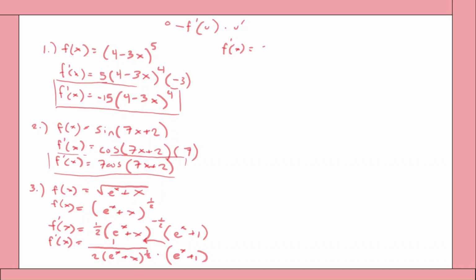And then we know that to the 1/2 power is just the root, so that's going to be the root of e to the x plus x. So the answer to this problem ends up being e to the x plus 1 over 2 multiplied by the root of e to the x plus x.